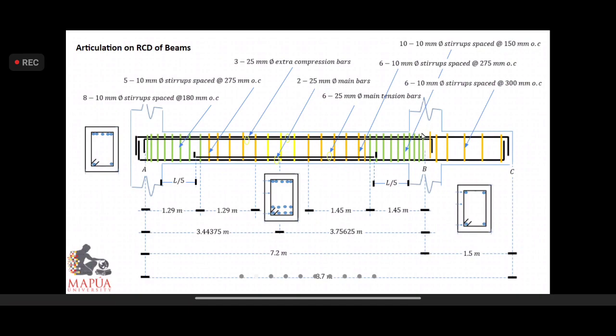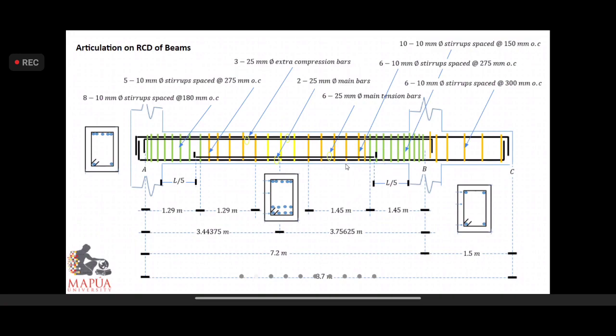Usually nilalagay 3 at 50 millimeter, 2 at 100 millimeter, 3 at 150, rest at 150 kasi 150 naman. Pagkakasya mo, hindi ka kukulangin dito na 150 ang pinakamalayo mong distansya ng spacing ng stirrups.